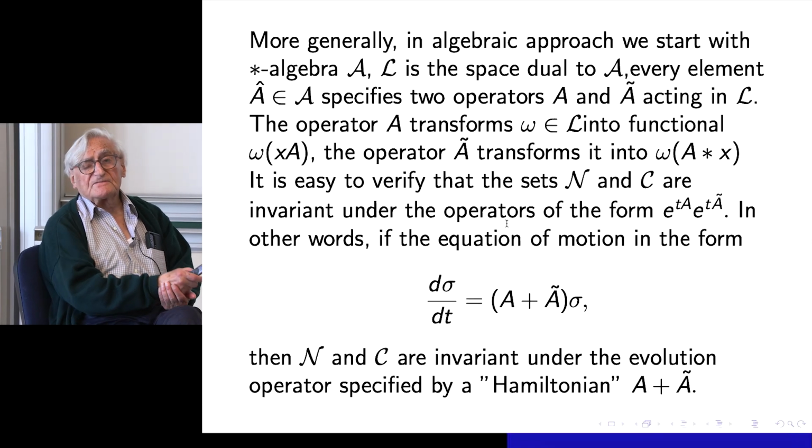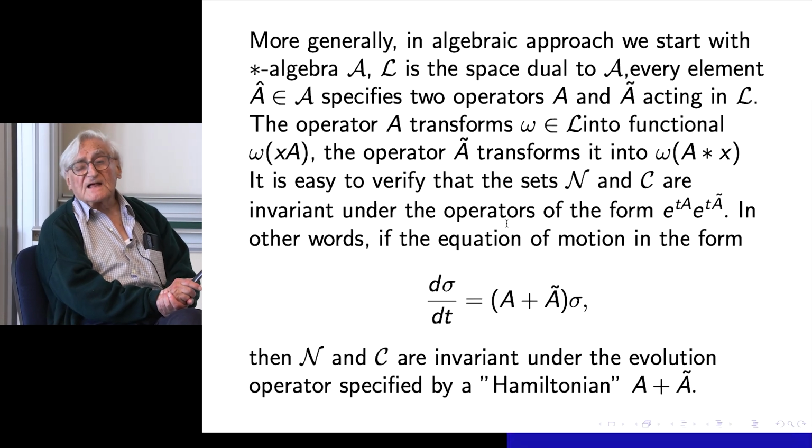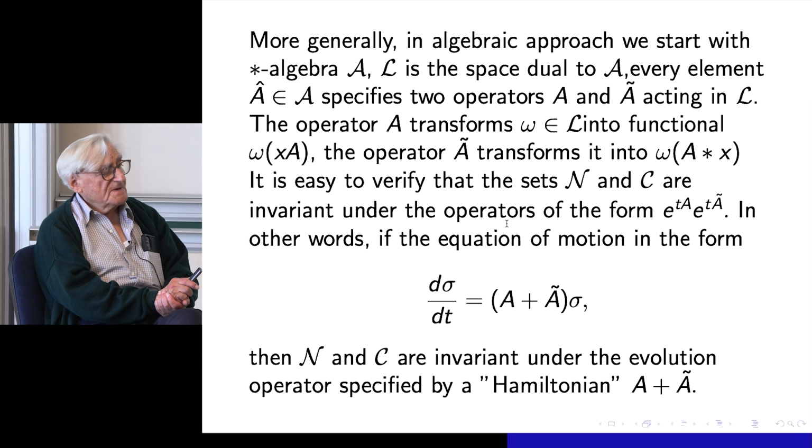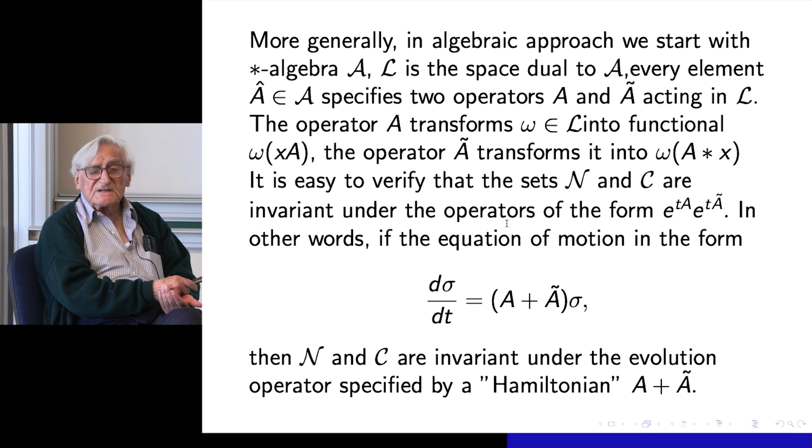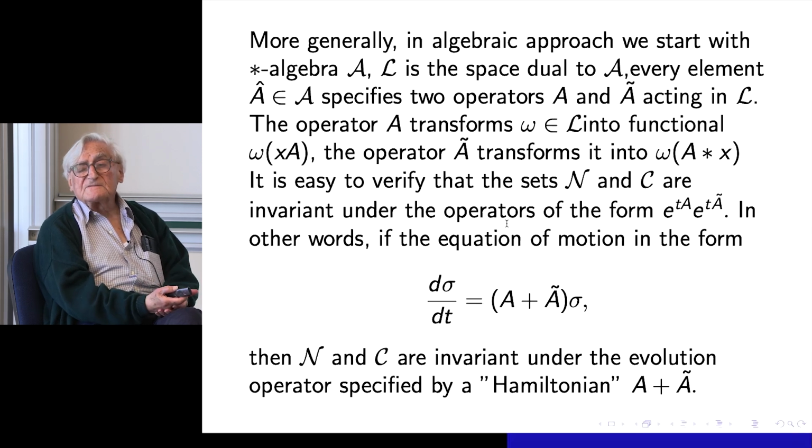So this is for the Weil algebra. But basically, in the algebraic approach, you can start with any algebra. And again, you have more or less the same situation. If you have any element of this algebra, you can multiply the density matrix from the left or from the right.